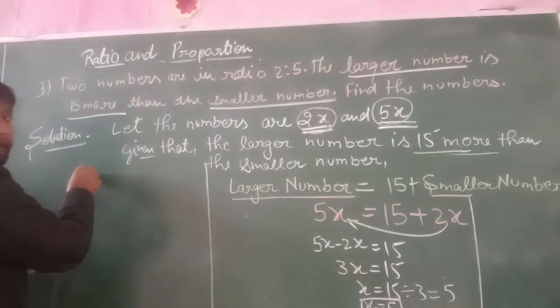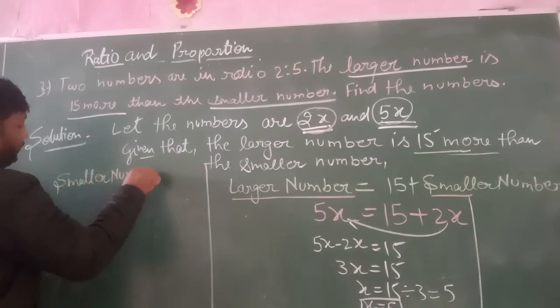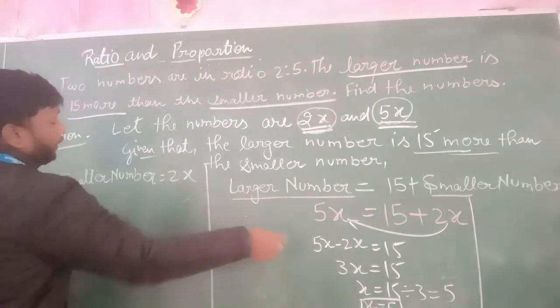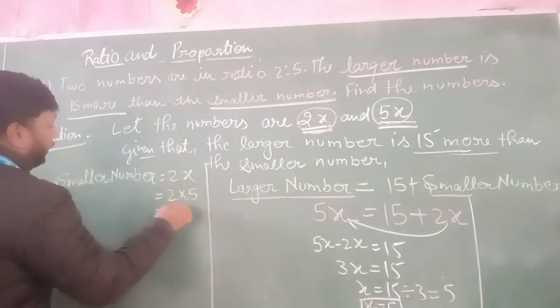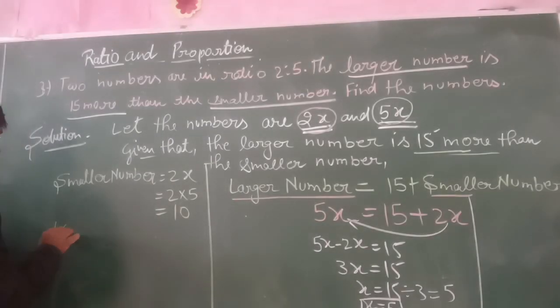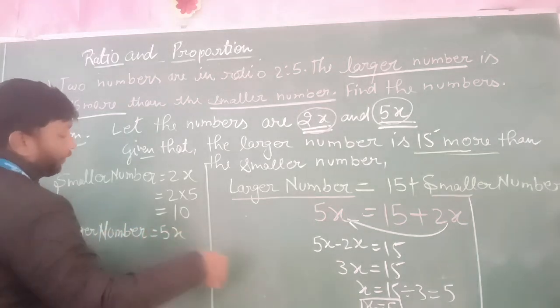So here we write: smaller number is equal to 2x, but the value of x is 5. So 2 into 5 is equal to 10. And larger number is equal to 5x and the value of x is 5.